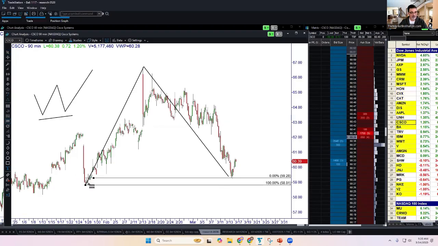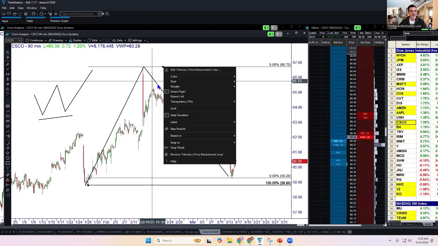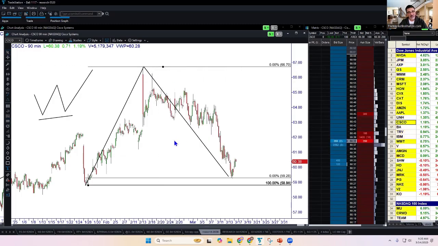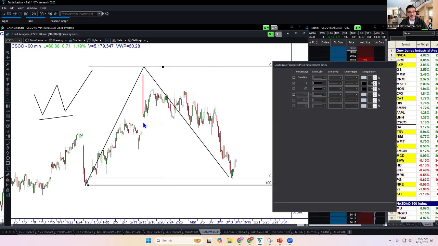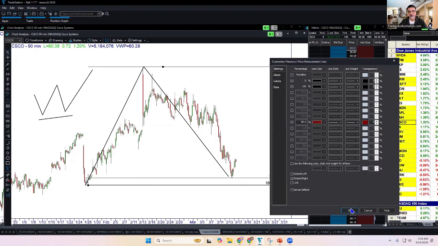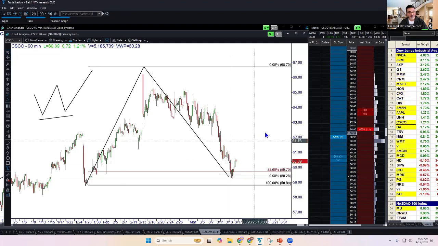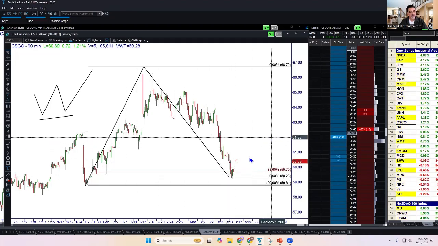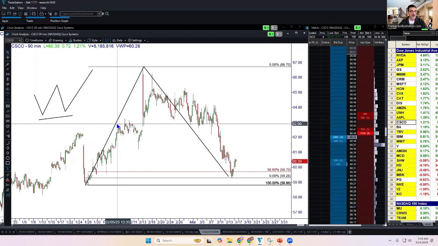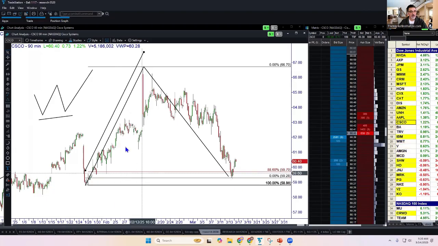The measurement from the distal to the rally, we would like to see line up with 88.6% retracement. This will help us identify and visualize what we could expect to the right side of the chart.